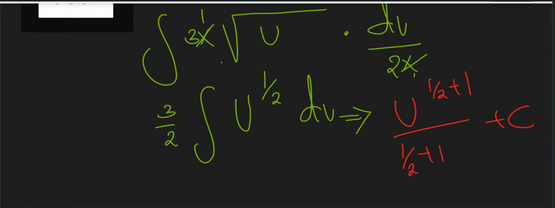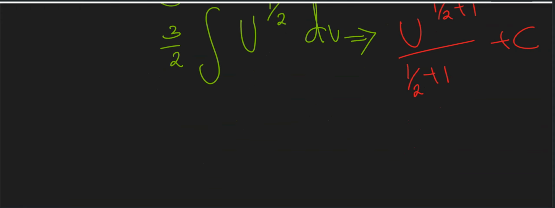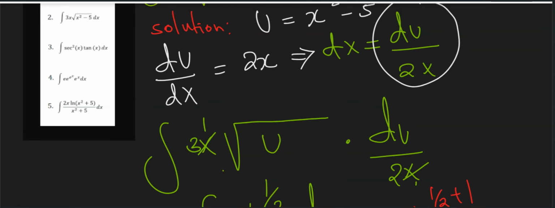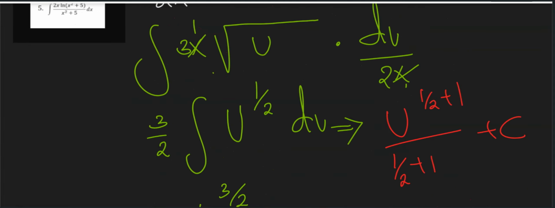Now we have u power a half plus 1, that is 3 over 2, so it's u power 3 over 2 divided by 3 over 2. So 1 divided by 3 over 2 is the same as 2 over 3, then plus c. If we replace the value of u, we said u to be x squared minus 5.